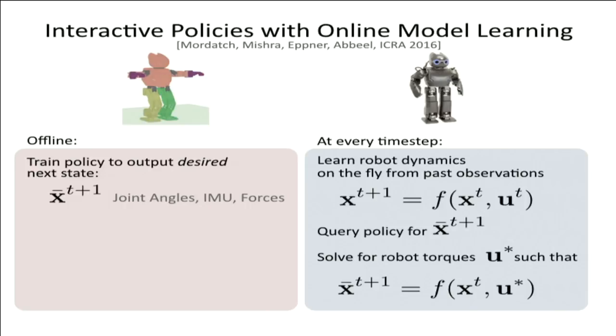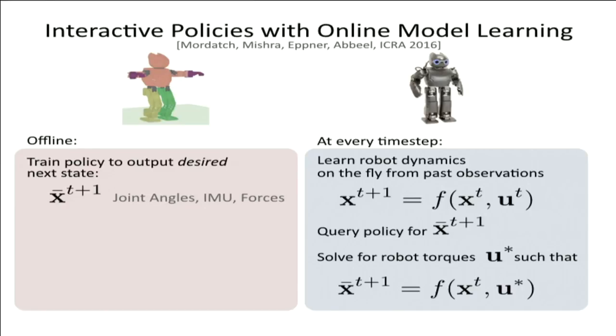And that's done offline. And at every time step on the robot, you can learn robot dynamics on the fly from past observations, because you run the robot, you gather sequences of states, controls, future states, you map them, learn this function f.